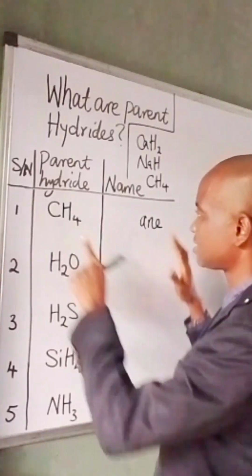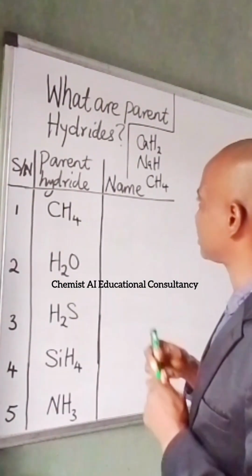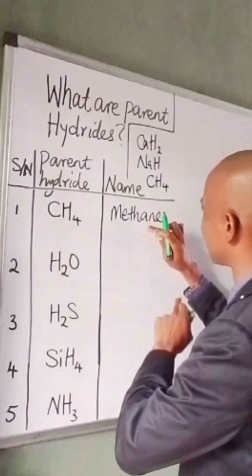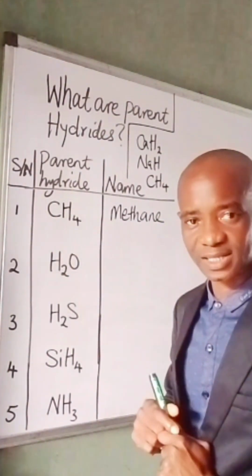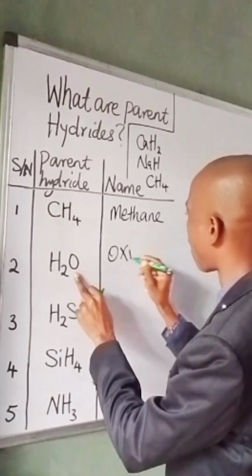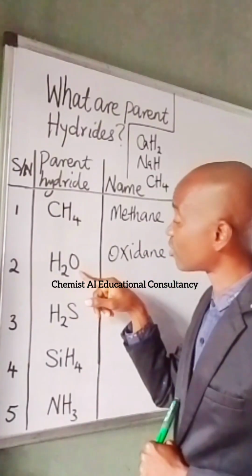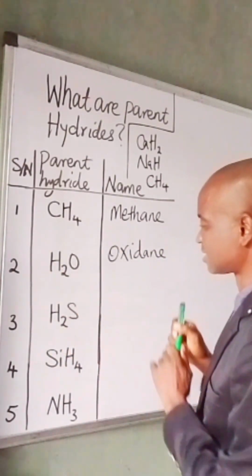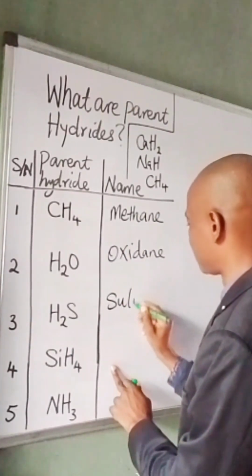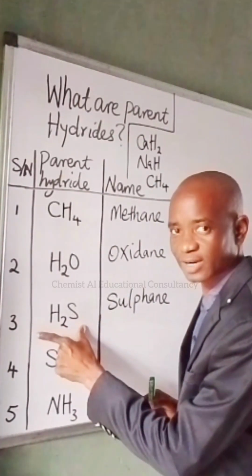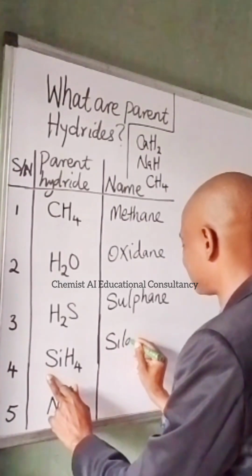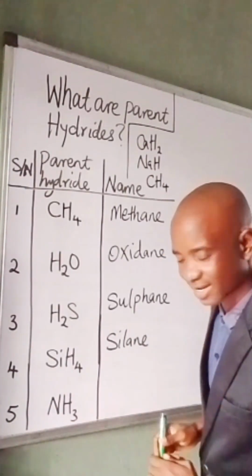For instance, CH4 is called methane, met for carbon and ane as the suffix for parent hydride. Oxidane, that is when oxygen reacts with hydrogen, oxidane. H2S is called sulfane, sulfur hydride. SiH4 is called silane. Now, what is NH3 called?